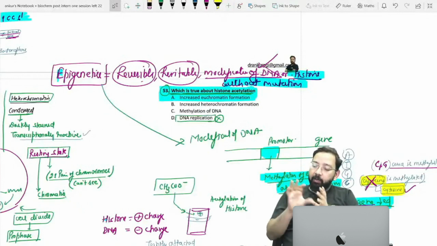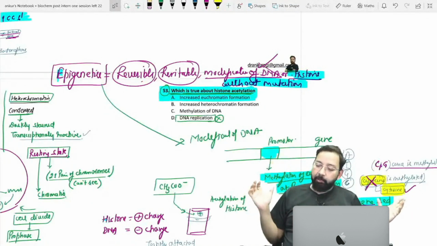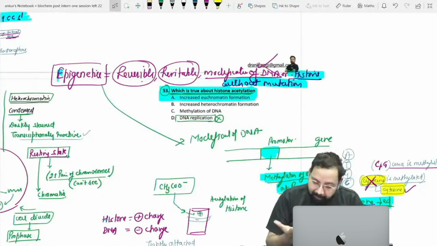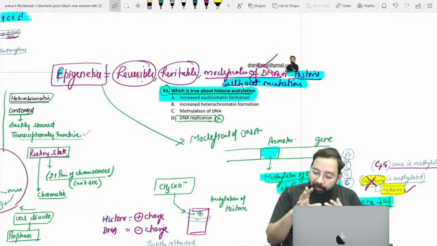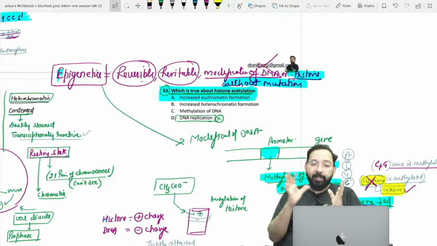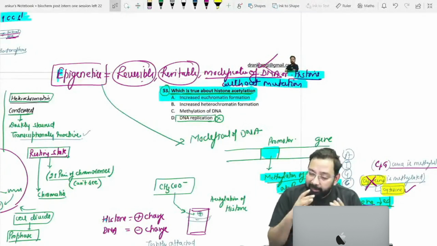Why do we keep all these genes inhibited? When an adverse condition comes, we activate these genes either by demethylation or by acetylation of histone.